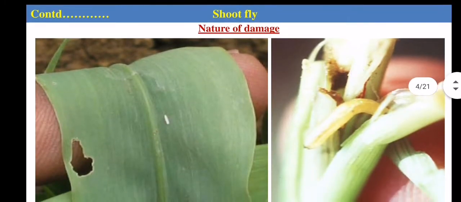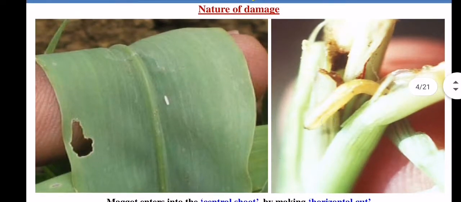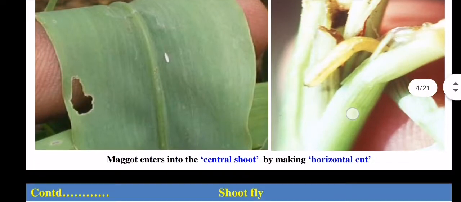If we talk about the nature of damage, you can see in the pictures that maggots enter into the central shoot. The maggot form of this insect enters the central shoot by making horizontal cuts. So you can easily detect or observe this insect pest on the sorghum plant.